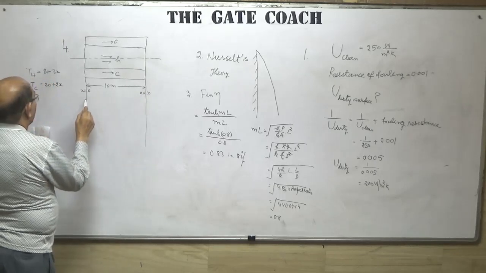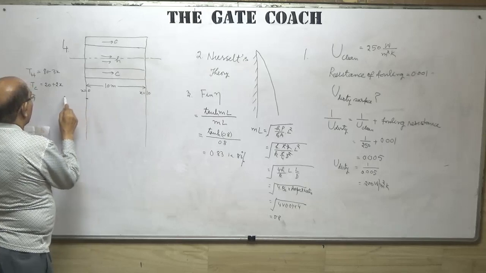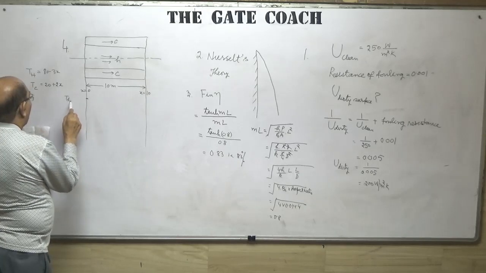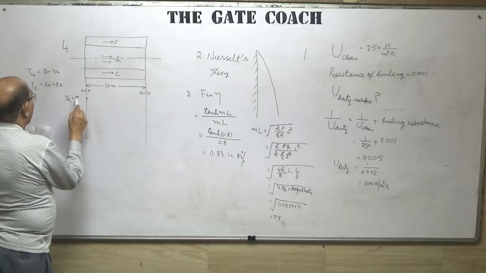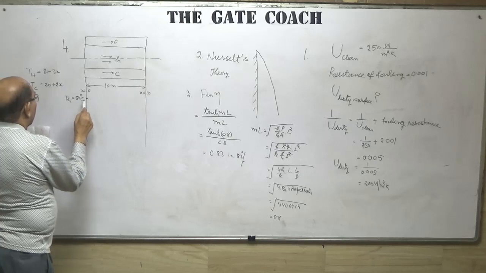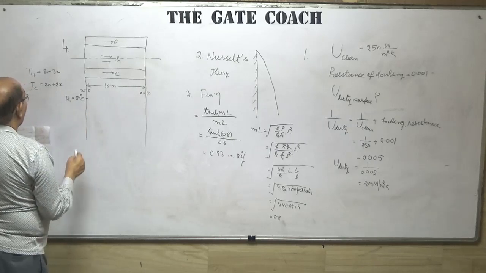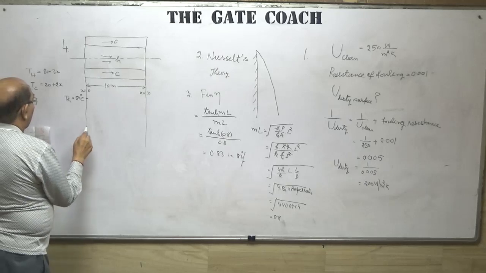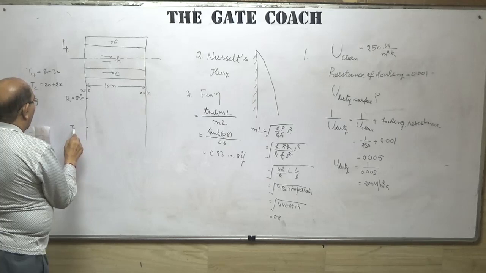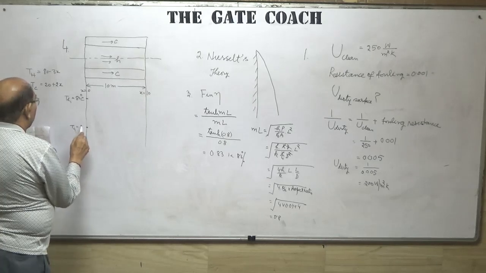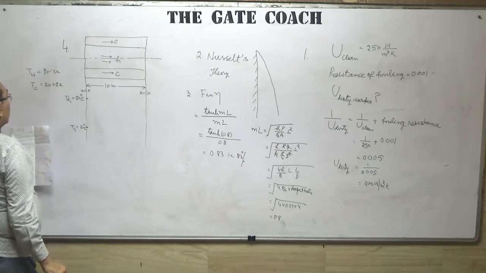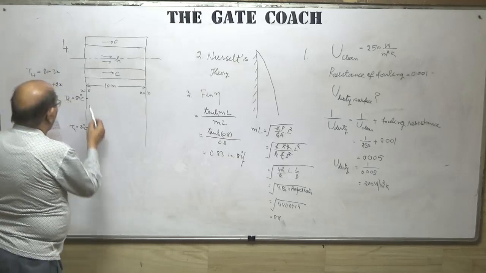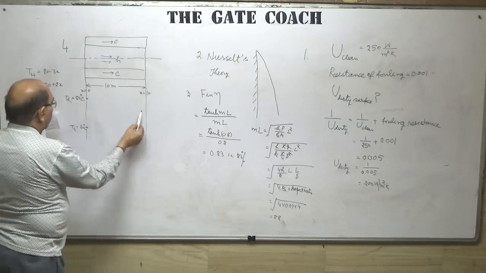When x is equal to 0, Th1 is 80 degrees centigrade, and Tc1 is 20. For hot fluid, the temperature will keep on decreasing.